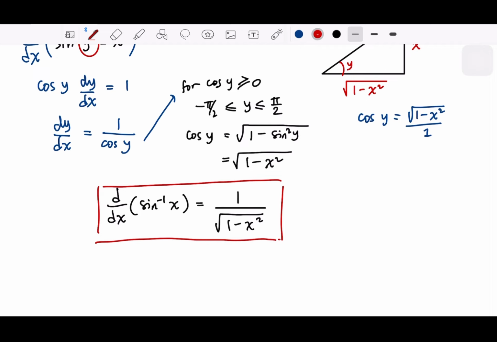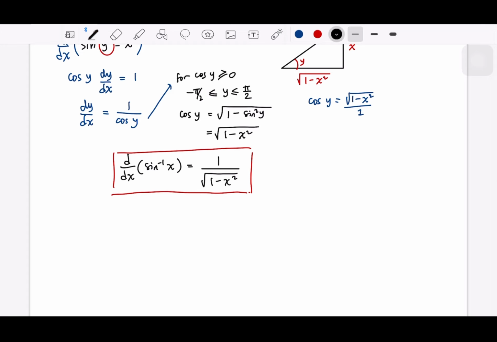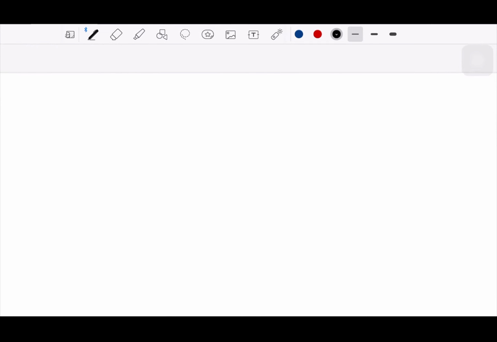Okay, so we learned about the sine inverse, and this is our conclusion. We can use the triangle, or we can just use the definition of the inverse itself. And another one that is important is the tangent.